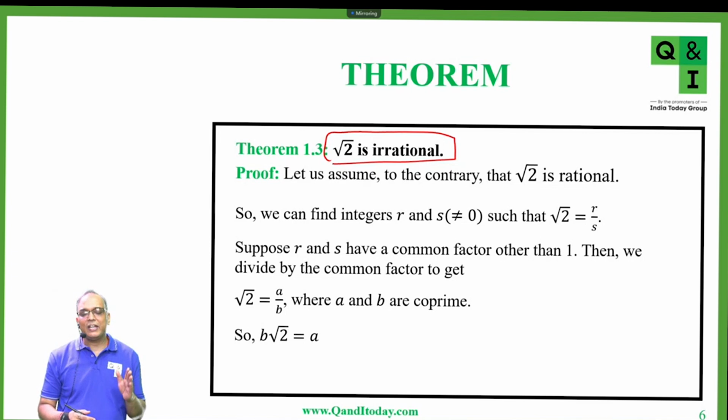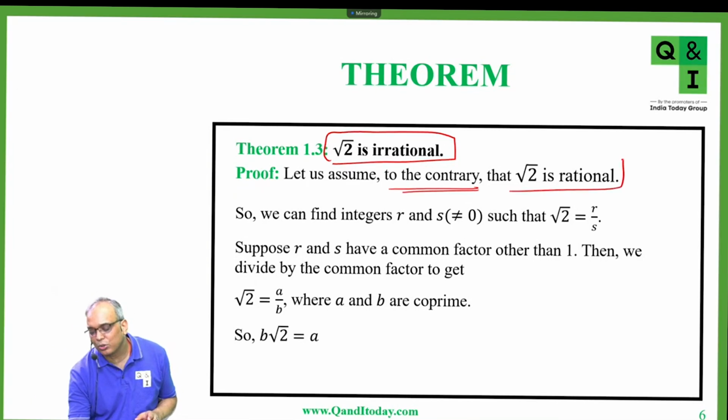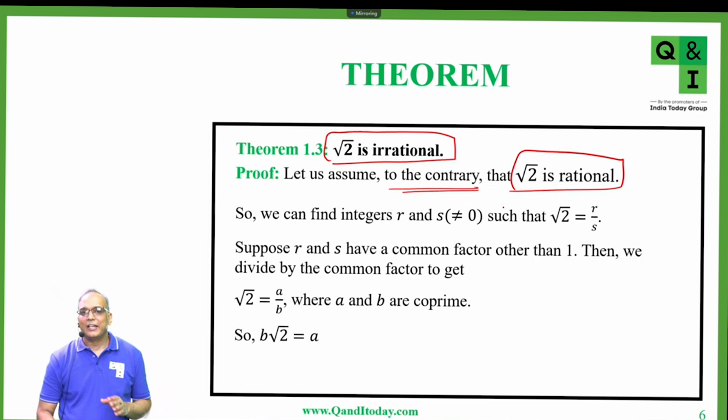For example, if we have to prove root 2 is irrational, let us assume, to the contrary, that root 2 is rational. Now, when we go step by step, at the end of the proof, if you are able to show that root 2 is not rational, that means the assumption you took, that root 2 is rational, is false. Hence, we'll conclude that root 2 is irrational.